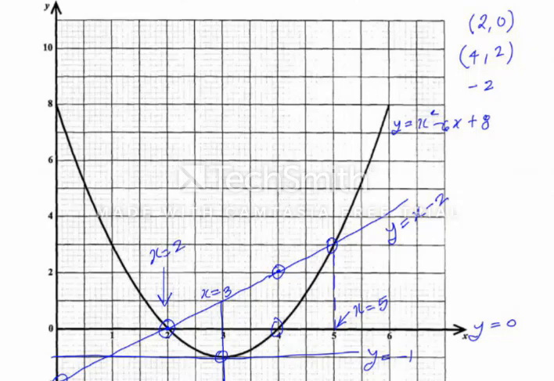So the graph of y is equal to x squared minus 6x plus 8, and the graph y is equal to x minus 2 intersect at x is equal to 2 and x is equal to 5.